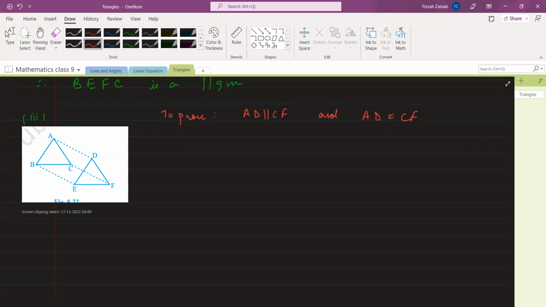Now, where is AD? So that means this side, right? AD, and this side is CF, the back side of this. Understand? So it is looking like this in the figure. This is AD, F, and C, right? So you have to take this side and this side. You have to show that they are equal and parallel. So how will you do it?